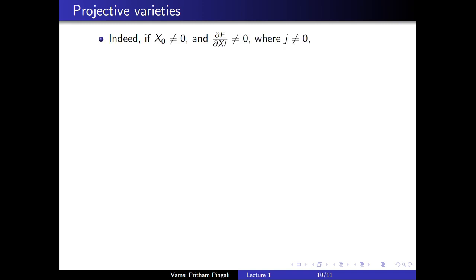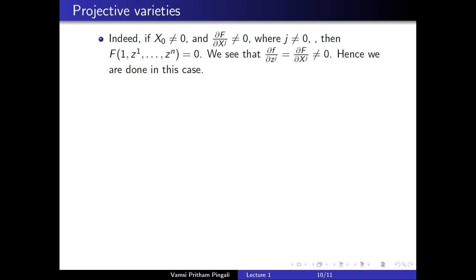In that case, because this is a homogeneous polynomial, you can pull the x1 out. So this becomes 1, and these become the coordinates in CP^n. So you get f(1, z1, ..., zn) = 0.